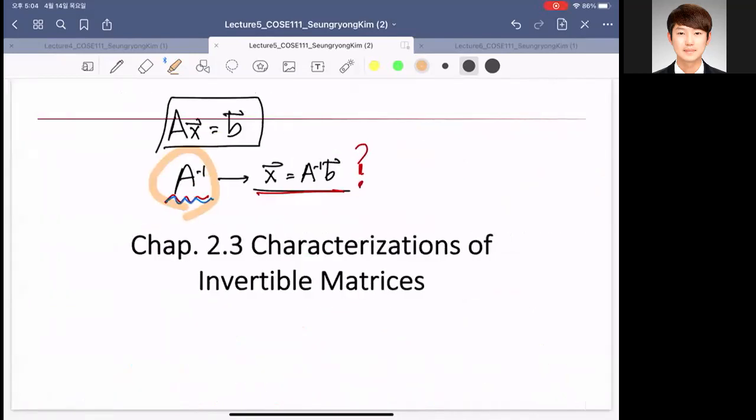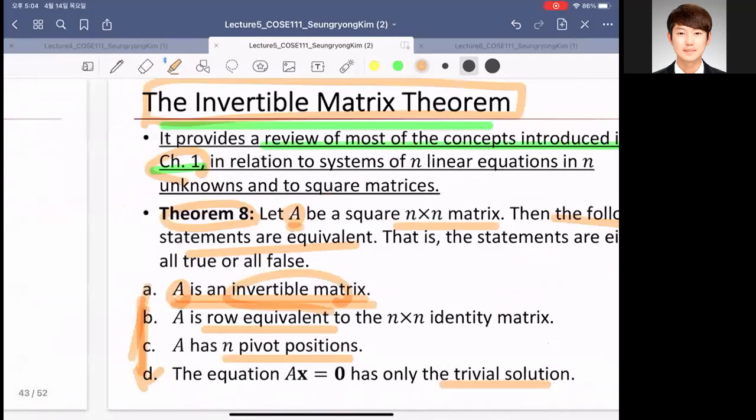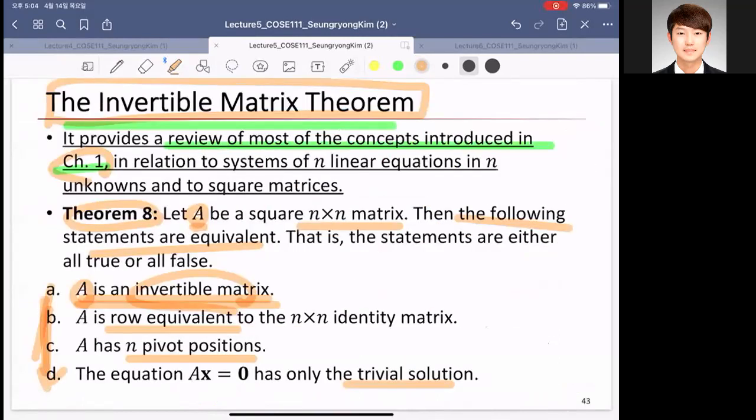So today we will continue with the characterization of invertible matrices. This is Theorem 8. It provides a review of most of the concepts introduced in chapter 1 and chapter 2 in relation to a system of n linear equations in n unknowns. So we can build an n by n matrix, and then check when this matrix A is invertible or not.